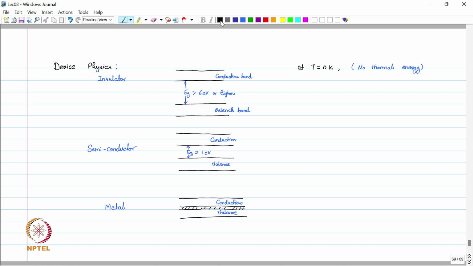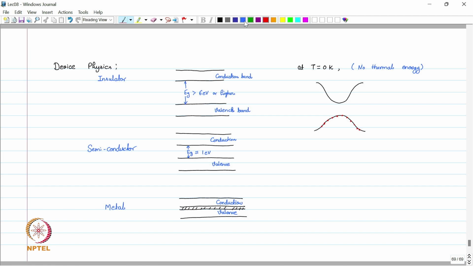If we plot the conduction and valence band, the conduction band is typically like this, and the valence band is typically like this. At T equal to 0, all the electrons are in the valence band, and the conduction band is completely empty.